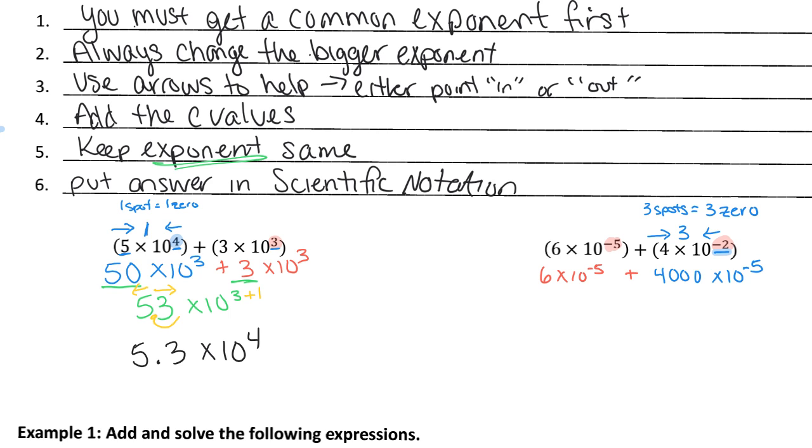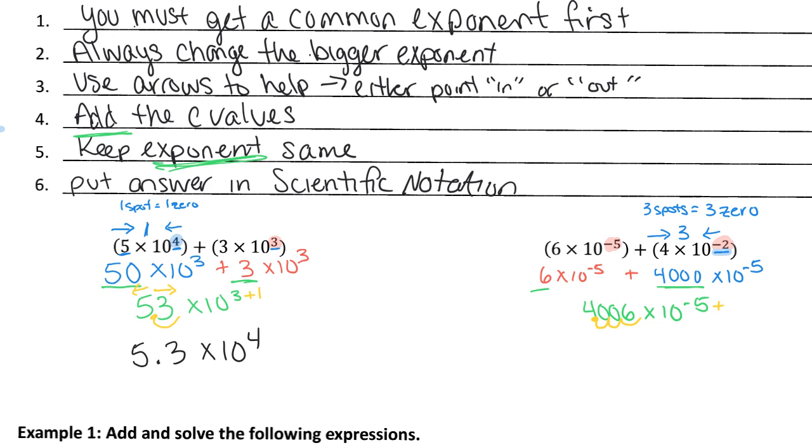Then remember we said we add up our whole numbers, or our C values. So 4,000 plus 6 is 4,006. Oh, too many zeros there, Miss Myers. 4,006. We keep our exponents. Now we move this decimal place once, twice, 3 times.